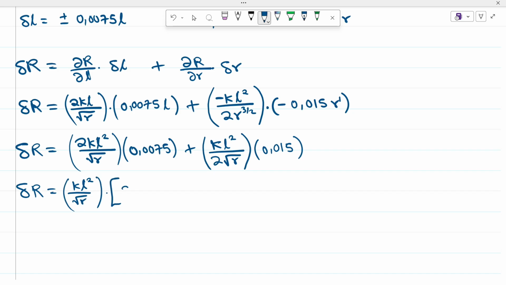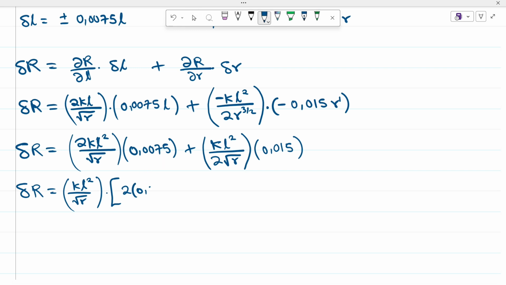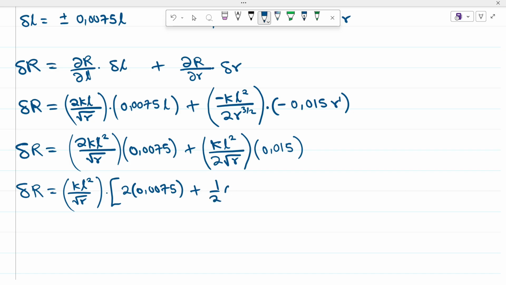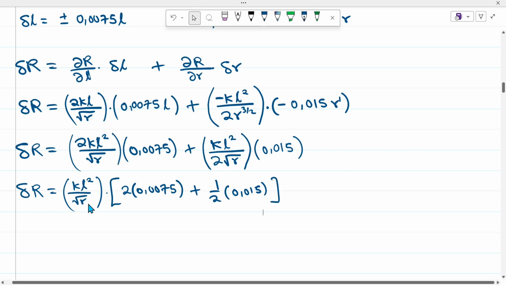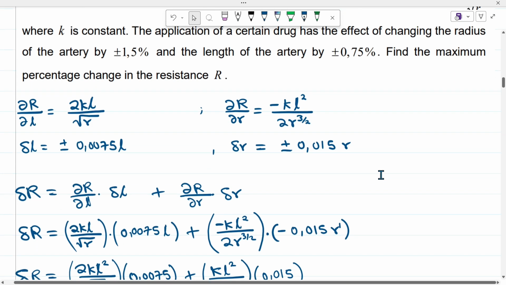We will be left with 2, these 2 here, multiplied by 0.0075 plus, after taking out kL squared divided by root r, we'll be left with 1 over 2 multiplied by 0.015, and then we close. So we know that kL squared over root r is equivalent to what? kL squared over root r is equivalent to R.